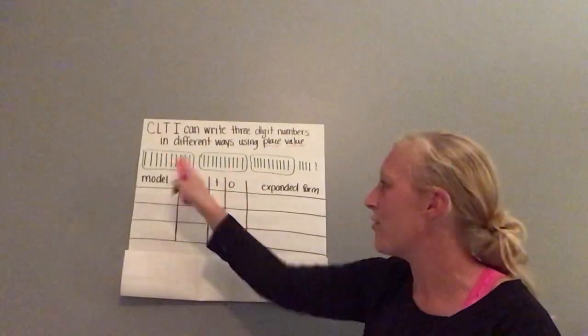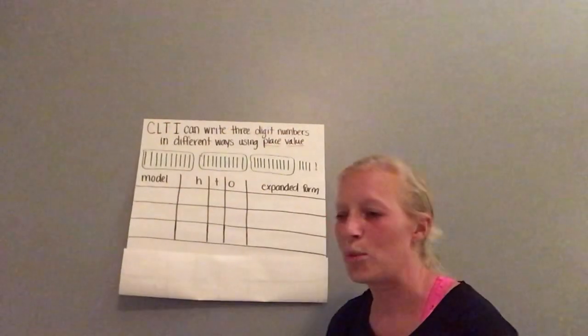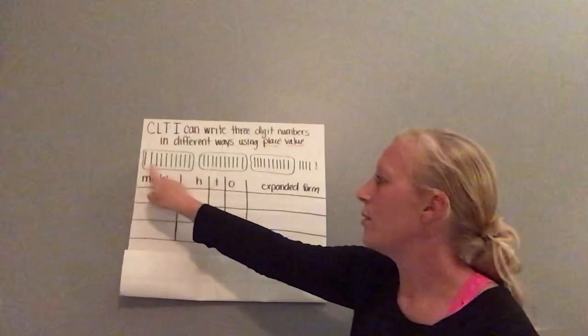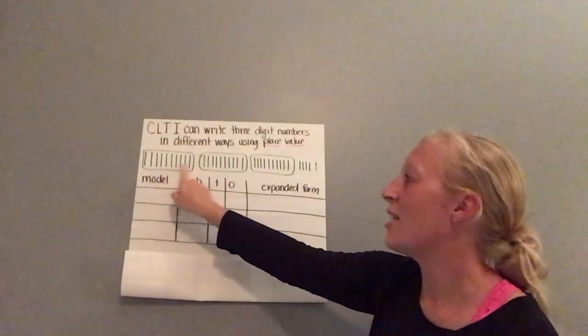So let's take a peek first at this. I want you just to think to yourself, what do you notice about this number? It's a big number. There are no boxes of 100 drawn. There's groups of 10. How are those groups of 10 grouped? 5, 6, 7, 8, 9, 10.